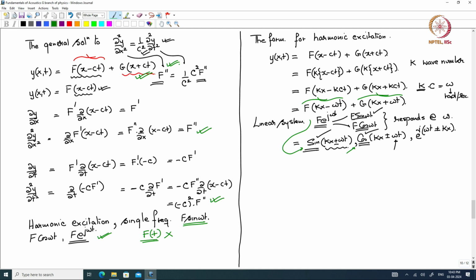And so, as we are used to an exponential notation, this is the response form. Okay. So, in the event that our system, which is a string right now, is excited by a forcing of this form, then the response will be written as A tilde e to the power j(omega t minus kx) plus B tilde e to the power j(omega t plus kx).